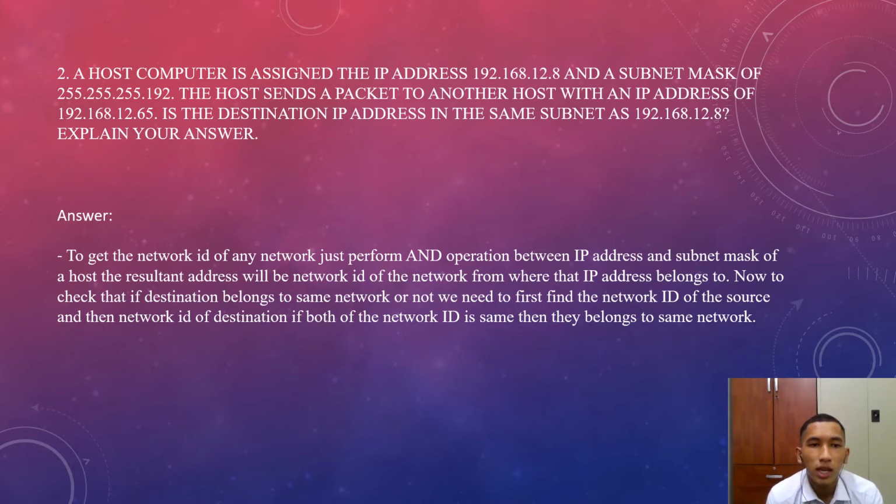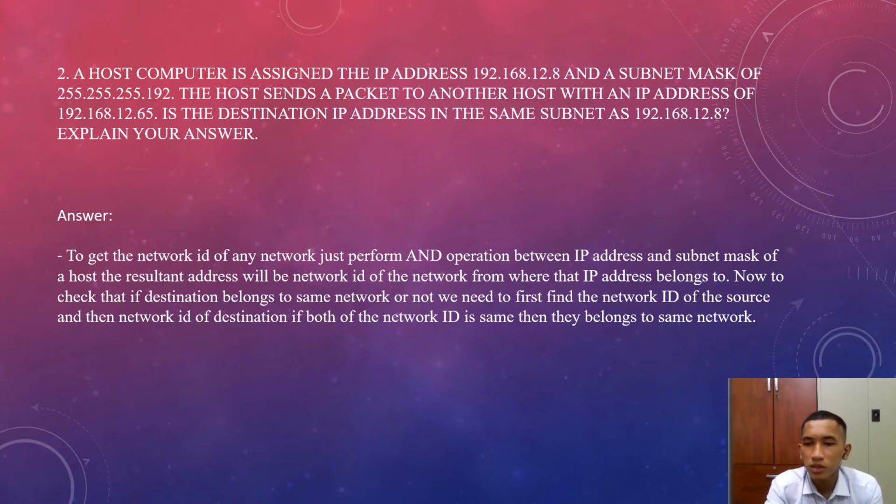Now, to check whether the destination belongs to the same network or not, we need to first find the network ID of the source and then the network ID of the destination. If both network IDs are the same, then they belong to the same network.